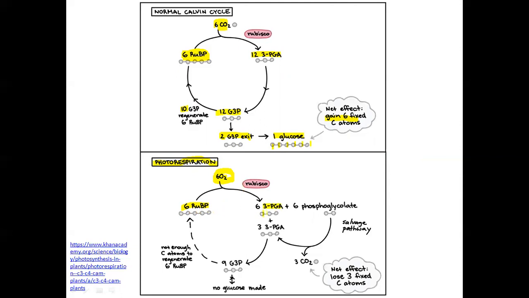3-phosphoglycerate, which is a 3 carbon compound, but only 6 molecules will be generated, while here 12 molecules were generated in the Calvin cycle. But they will also generate 6 molecules of a new compound, which will be phosphoglycolate, and it has only 2 carbons.